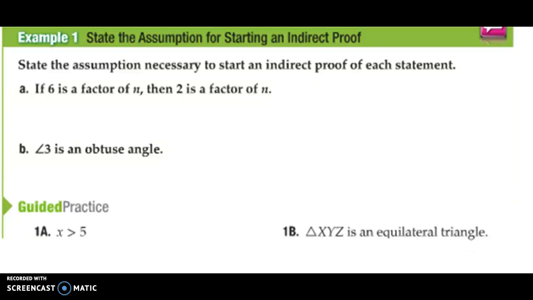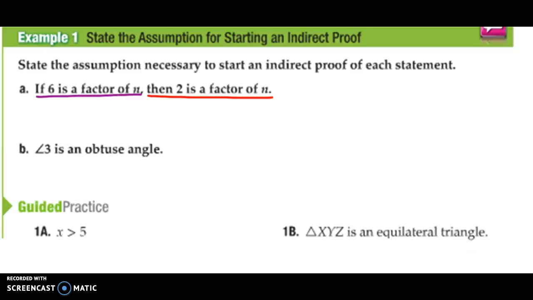It says, state the assumption necessary to start an indirect proof for each statement. So what we want to do is look at the statement to find the hypothesis and the conclusion. The if was always the hypothesis. If 6 is a factor of n, then 2 is a factor of n.